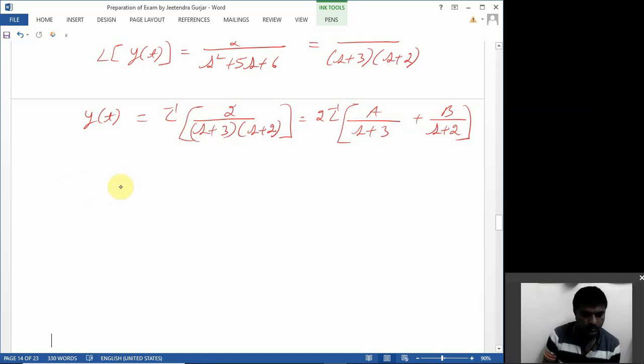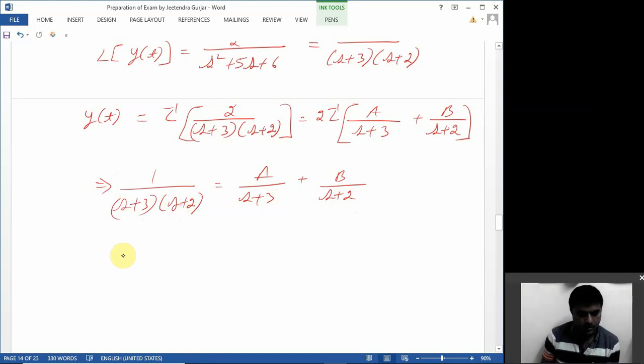Substitute the values, so you will get it like this. If you simplify, 1 divided by (s + 3), quickly I will do the partial fractions, students. For your sake I am writing this, but you should do it quickly. B divided by (s + 2). So to find the value of B, simplify. 1 is equal to A(s + 2) + B(s + 3).